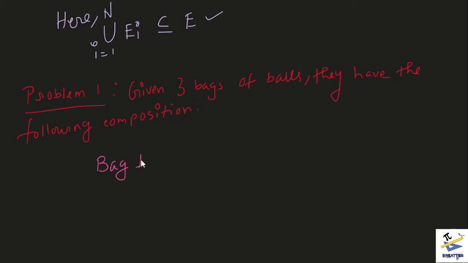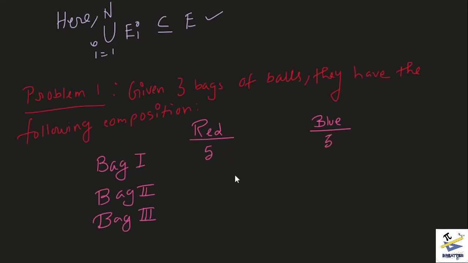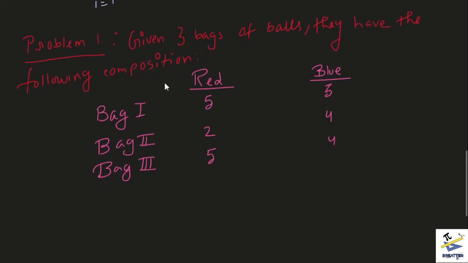This is bag 1 and there are 2 kinds of balls, red and blue. Bag 1 has 5 red balls and 3 blue balls. Bag 2 has 2 red balls and 4 blue balls. Bag 3 has 5 red balls and 4 blue balls. So this is the distribution of the balls in the 3 bags.